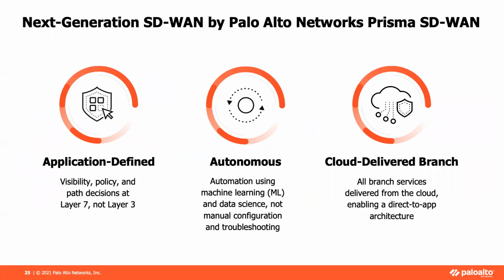What we offer is the idea of application defined visibility. So you can see not just what's going on with packet loss and stuff like that, but what's going on with application A versus application B versus application C. And we can choose different paths for these different applications. The idea of SD-WAN is you have multiple paths.